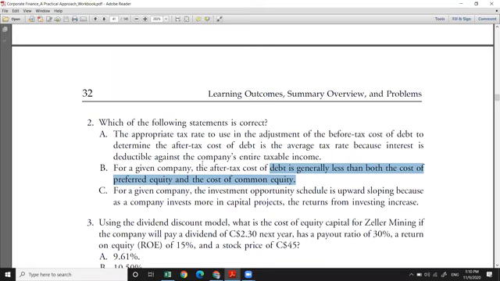And we know that debt is generally accepted as less costly than preferred or common stock. When I showed you the derivation of betas, the riskiness of the equity, I said the beta of the debt is equal to 0. It has 0 market risk. Therefore, debt is generally less costly than preferred and common stock. And the cost of debt is further reduced if the interest expense is tax deductible.